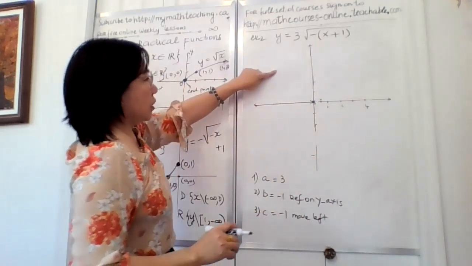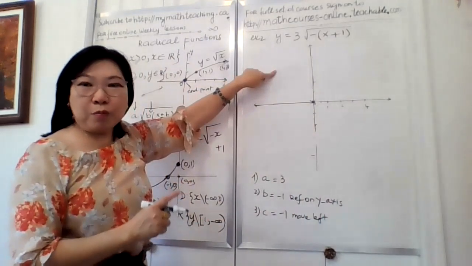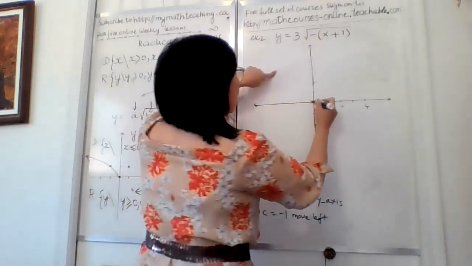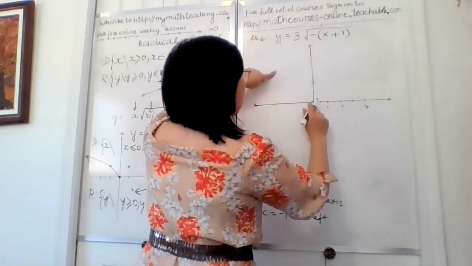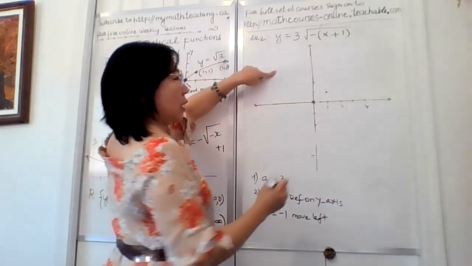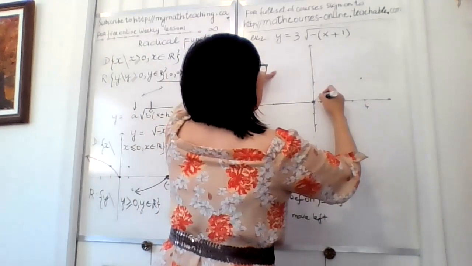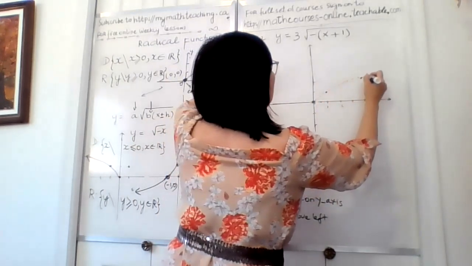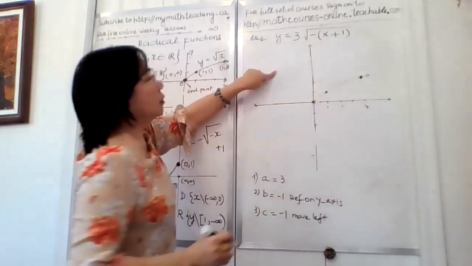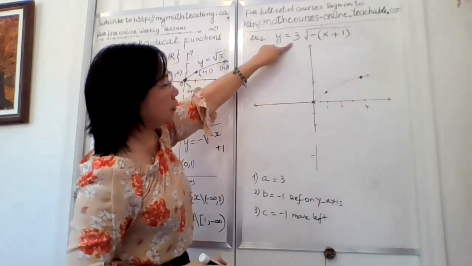So let's start sketching. To use a transformation, I'm going to start from the base points of the basic feature. The radical basic feature, the base point starts from 0. If x is 1, the square root of 1 is 1. If x is 4, the square root of 4 is 2. So these are the basic graph, and we're going to use these base points to sketch it. Now these base points will be multiplied by 3, a vertical stretch by a factor of 3.